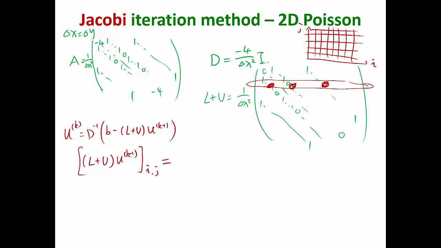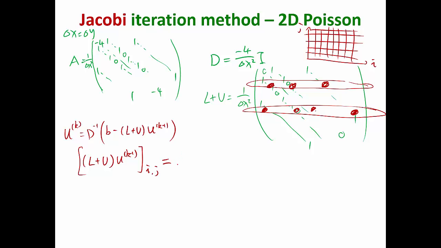So the non-zero entries involve 1 over here, 1 over here, 1 over here, and okay, so I put it in the first block. That's unfortunate, but let's say if I put it over here, it's 1 here, 1 here, 1 here, and 1 here. So basically it has 4 non-zero entries. All have the same coefficient, 1 over delta x squared. And they correspond to the neighbor upward, the neighbor downward, the neighbor to the right, and the neighbor to the left.